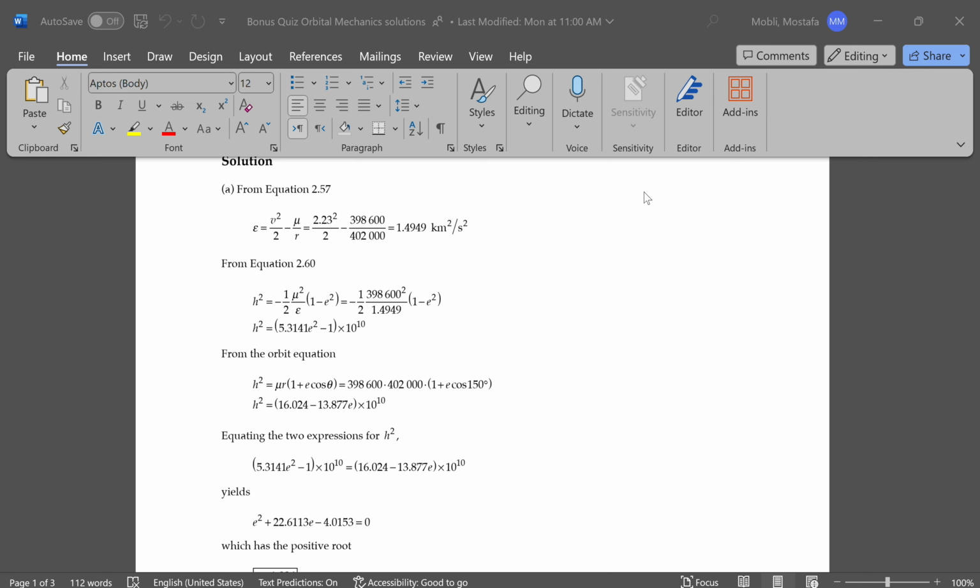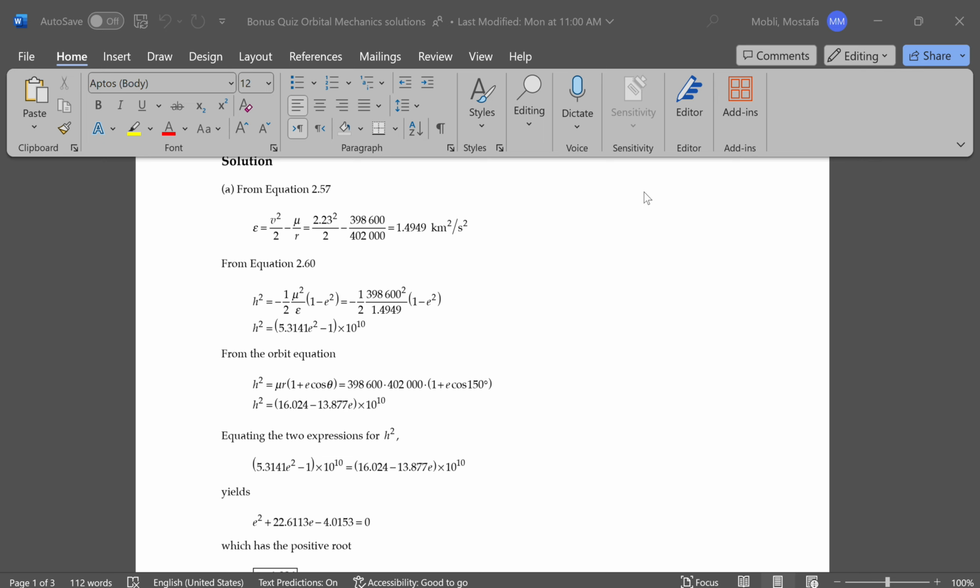So, we can use the energy of the orbit equation, which is v squared divided by 2 minus mu divided by r. Velocity is given to us, 2.23 squared divided by 2, minus mu, which is 398,600, divided by 402,000 kilometers.